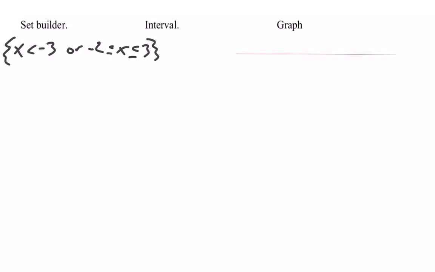Start with your graph. Okay, I have a -3, and I'm going to be doing less than -3, or x is between -2 and +3, and I can equal both of those. So my interval notation would be going left to -infinity.